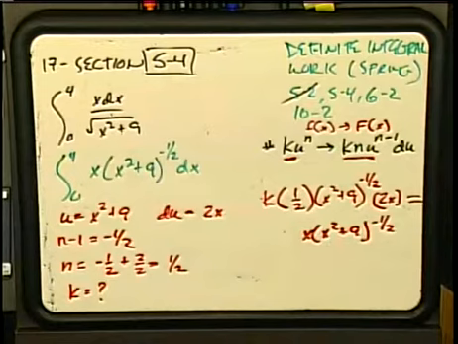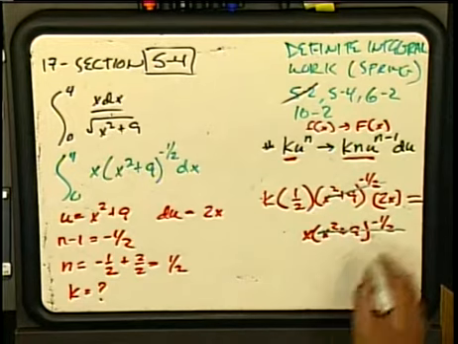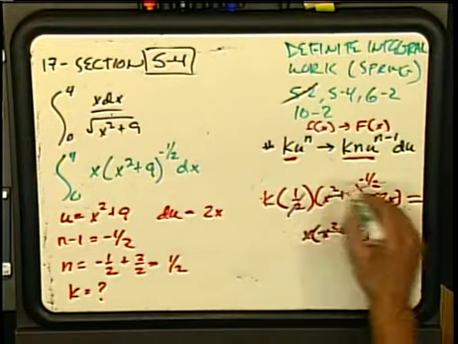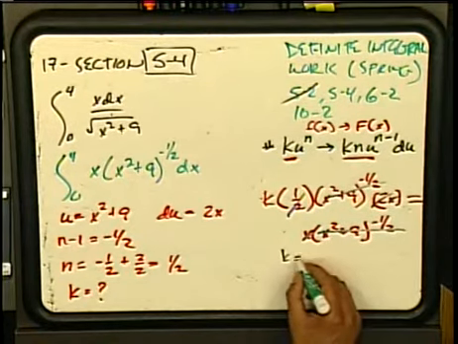This x squared plus 9 cancels out, the x cancels, the 2 cancels, and you're left with k equals 1.